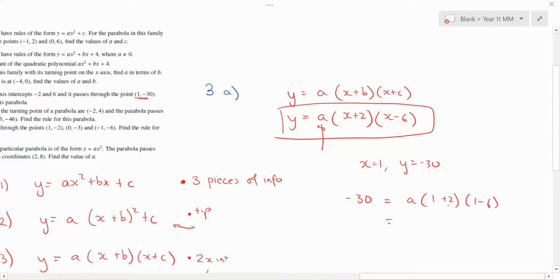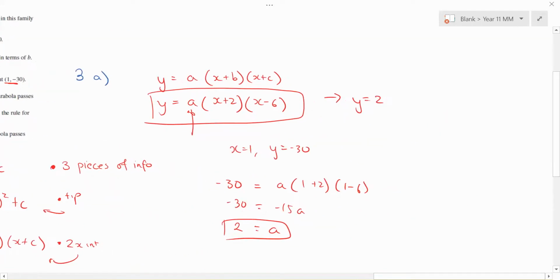This works out to be, what, negative 5 times 3 is negative 15a. So therefore a must be negative 30 divided by negative 15, and that gives you 2. So my equation will have to be y equals 2 bracket x plus 2, x minus 6.